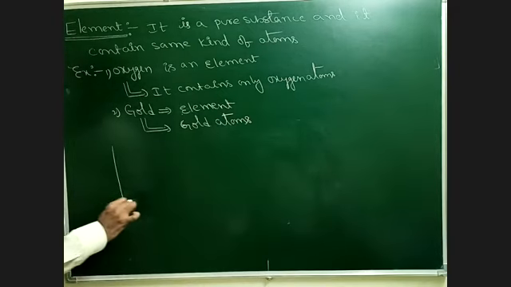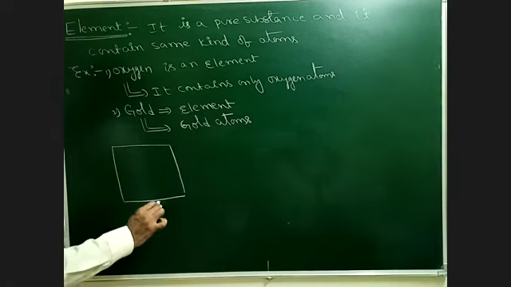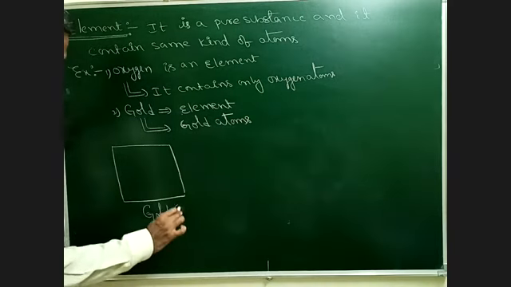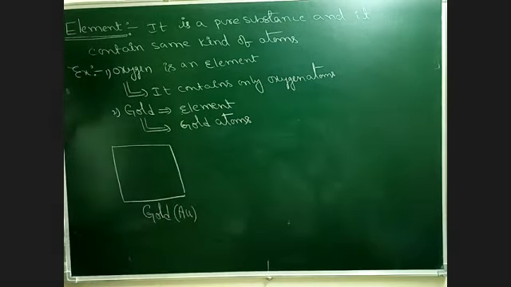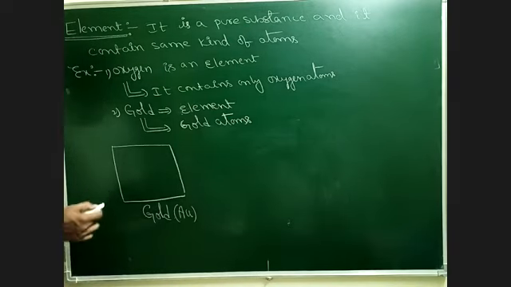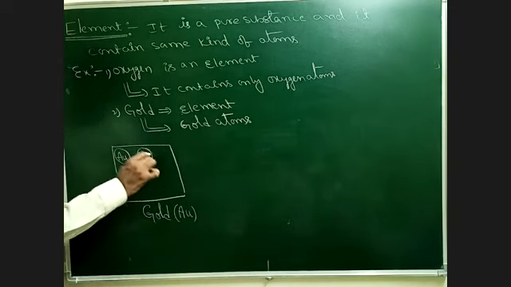Suppose, let us say it is gold. The color of gold is yellow. The gold symbol is Au. So in gold, we can see only gold atoms.